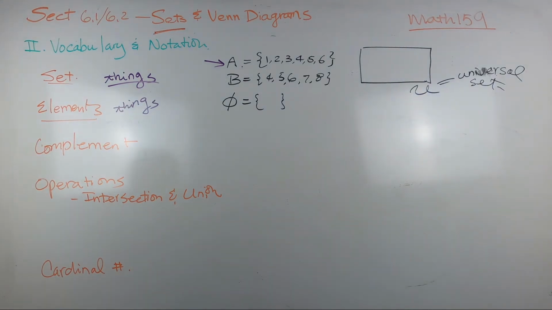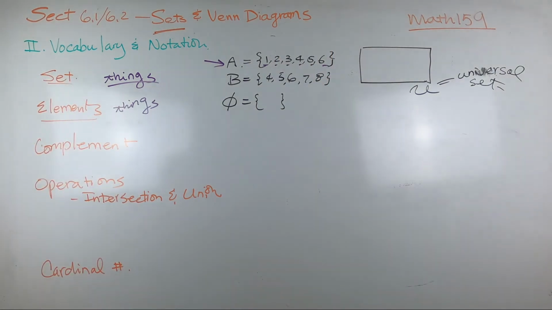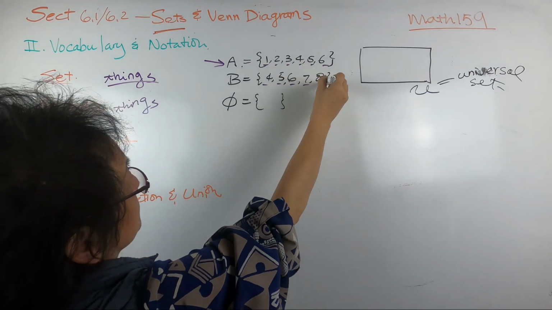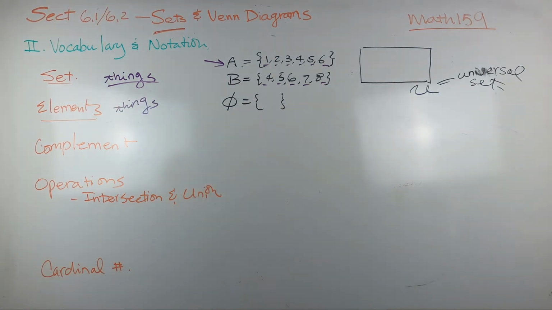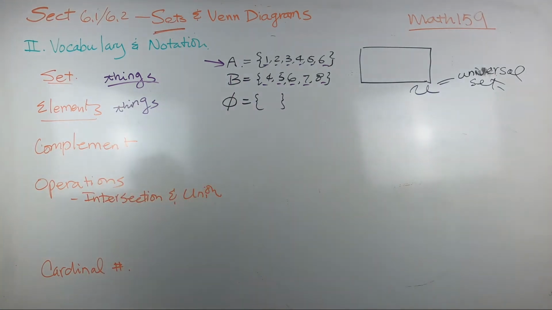What do you think? The elements will be 1, 2, 3, 4, 5, 6, right? For set B, the elements would be 4, 5, 6, 7, 8. For the empty set, what's the element? Nothing, right?